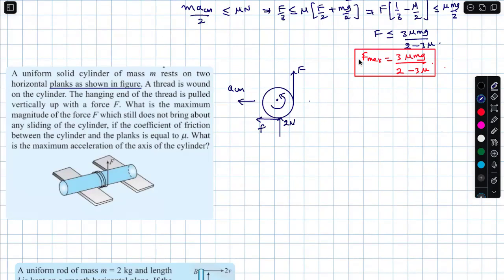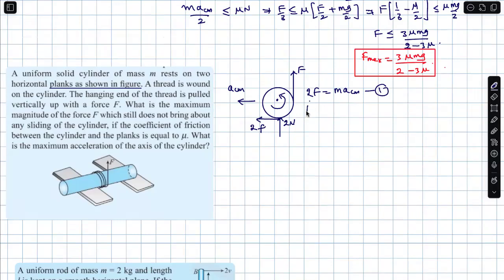For courtesy's sake, I will write the steps. F is equal to MACM, 2F actually. 2F is equal to MACM. Torques: F into R minus 2F into R is MR square by 2 alpha, or F minus 2F is M by 2 R alpha.